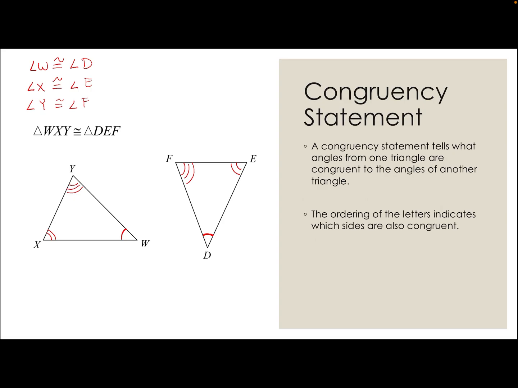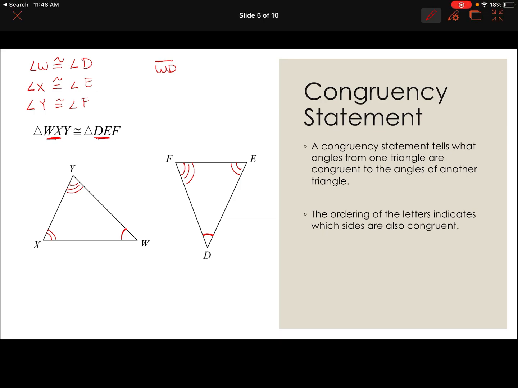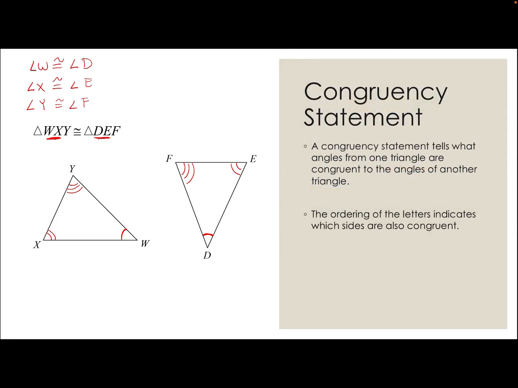Also, the order of the letters matters. The first 2 letters here are going to make a segment, and the first 2 letters here are going to make a segment. So we know that segment WX, excuse me, I messed that up, is congruent to segment DE.